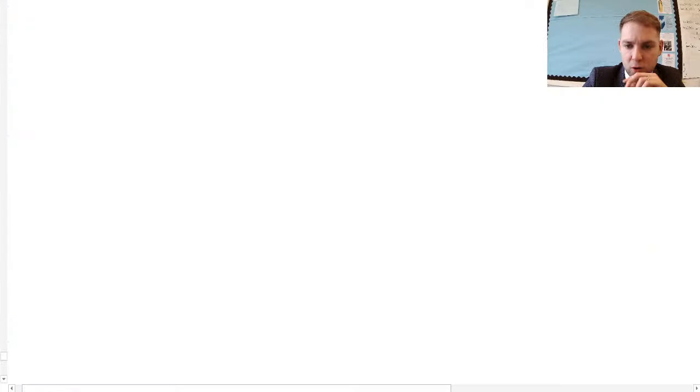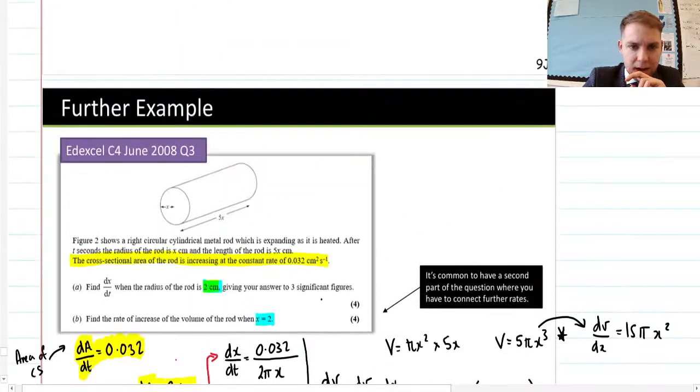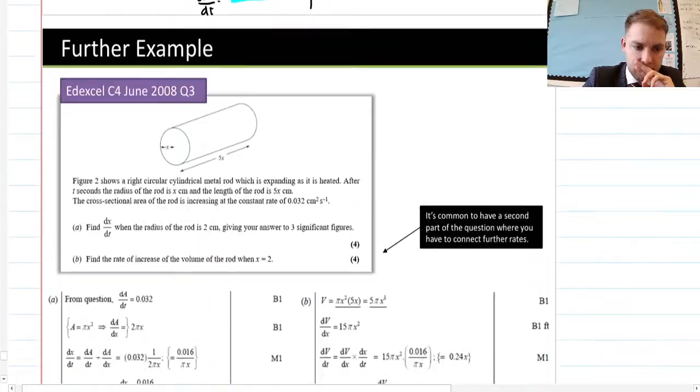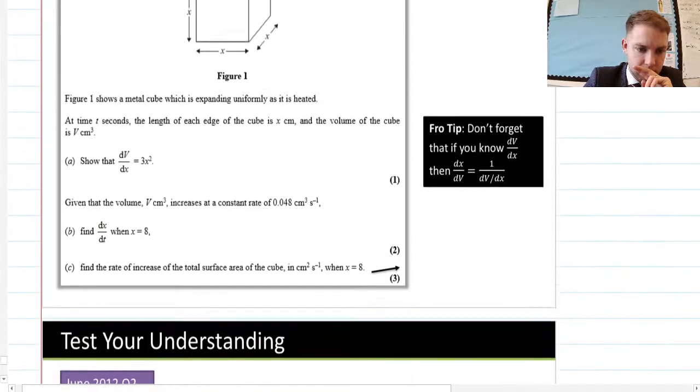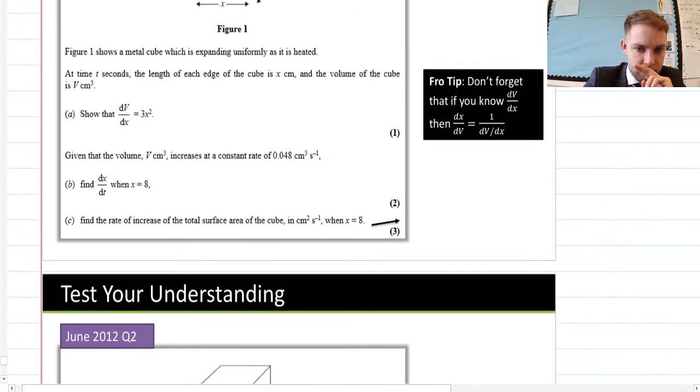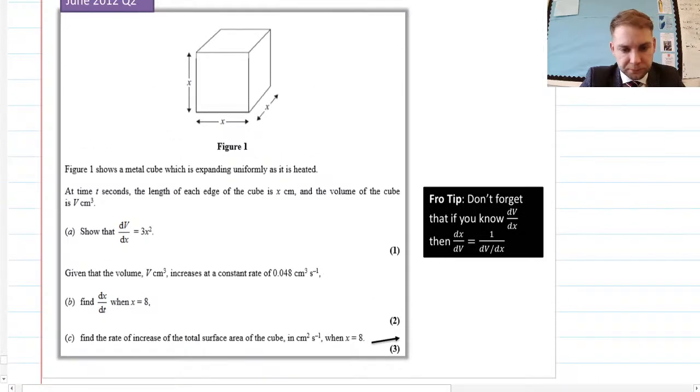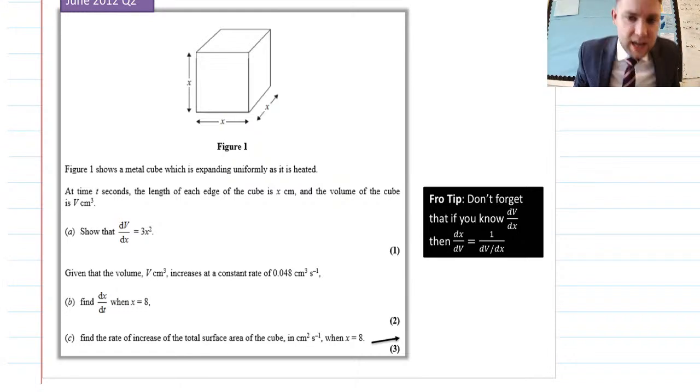Okay, so we've got one more question to have a little go at. Again, it's a past paper question. So get this down. Now these are common questions, okay?